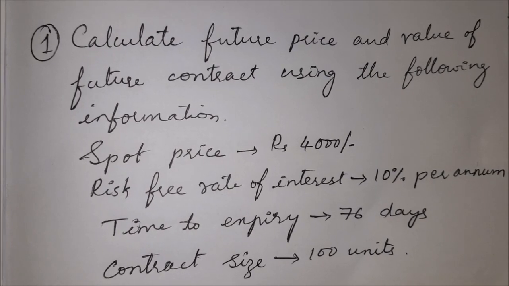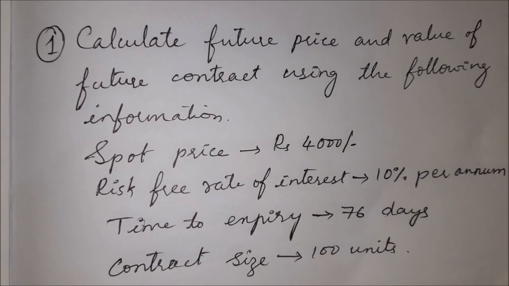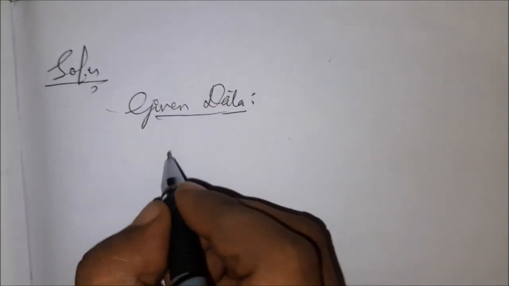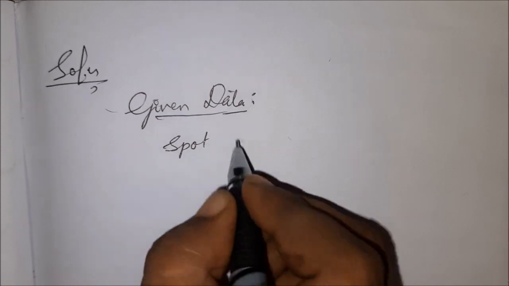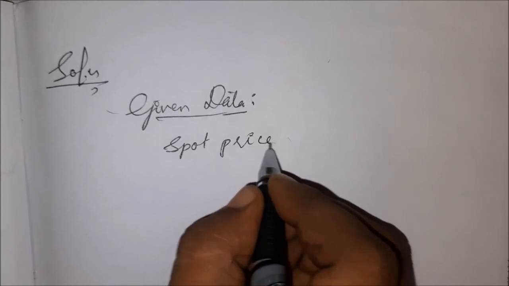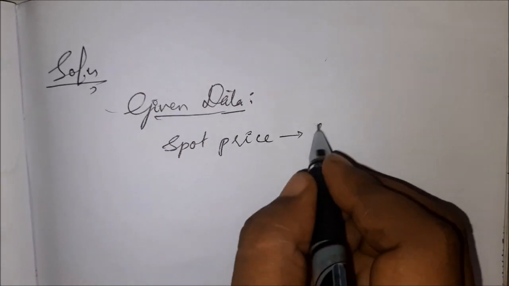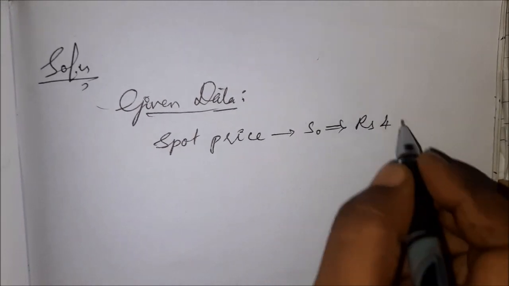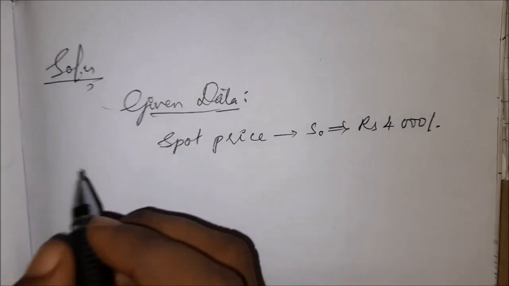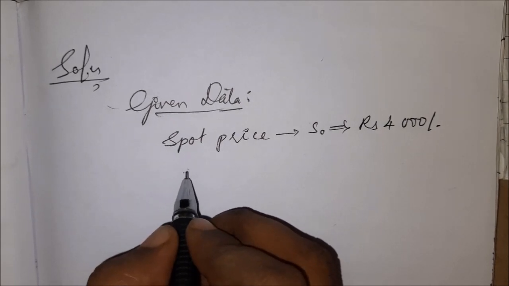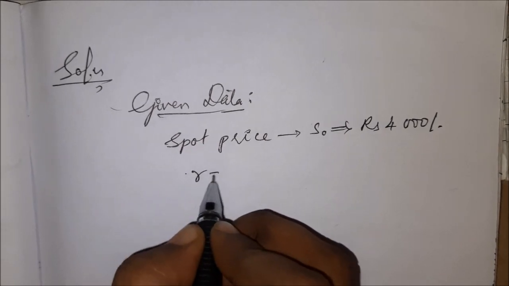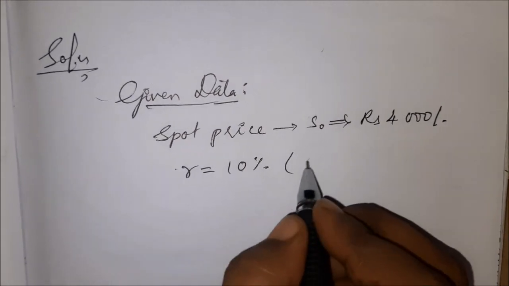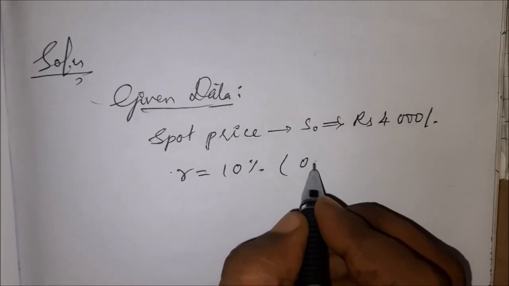So let us solve this problem. Solution: write down first the given data, whatever is given in the problem. Spot price S0 is rupees 4,000. Next, R, the risk-free rate of return, is 10%. It means divide by 100 and you will get 0.10.